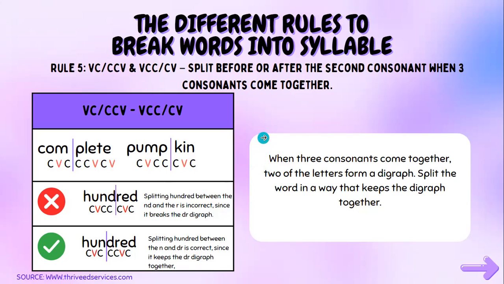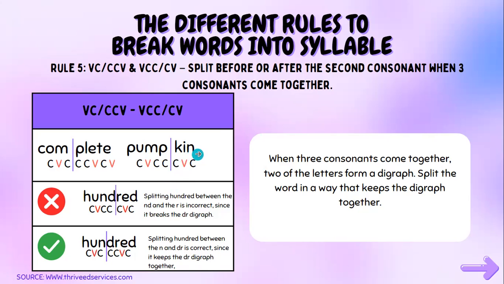For example, in the word rabbit, which we learned about earlier, there's an A on one side of the two B's and an I on the other side. So there's two vowels, and between them is two consonants, which are B and B. And we split between the two consonants. But sometimes we can have more than two consonants. For example, if we have 3, we may not know how to divide the word.